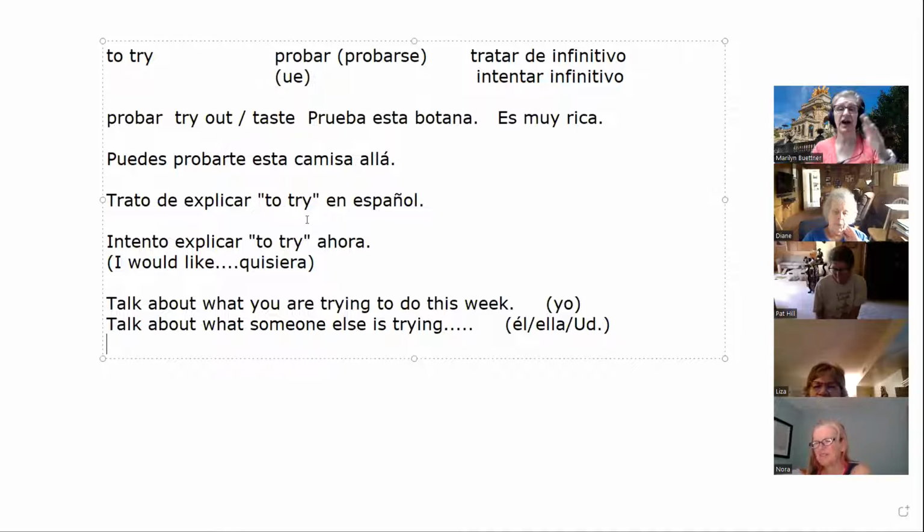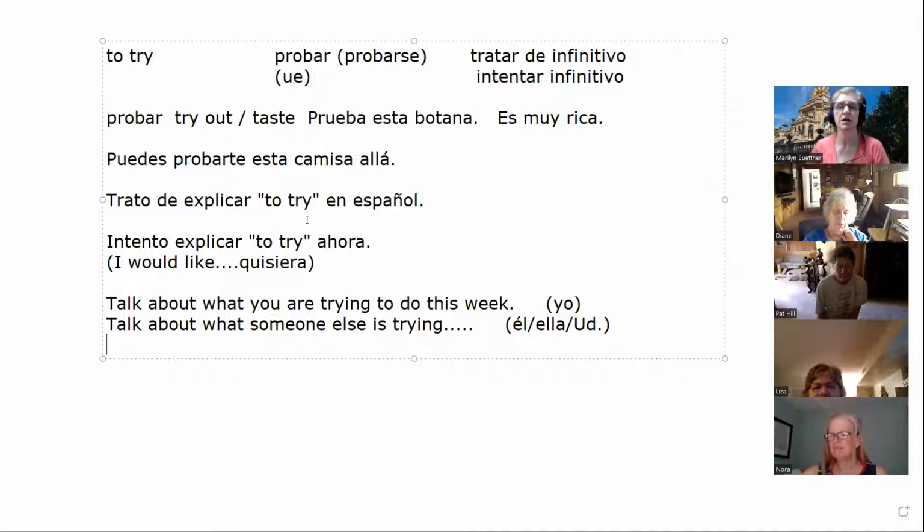Notice that tratar de is a regular verb. Trato, tratas, trata, tratamos, tratan. Bien, right? Intentar, perfectly regular. Intento, intentas, intenta, intentamos, we're trying.